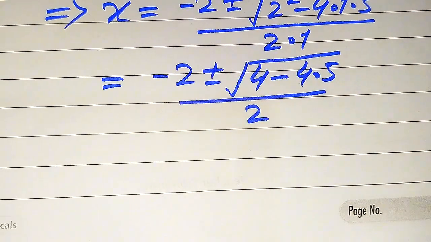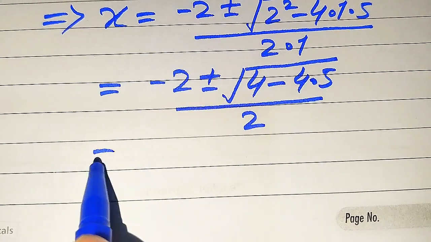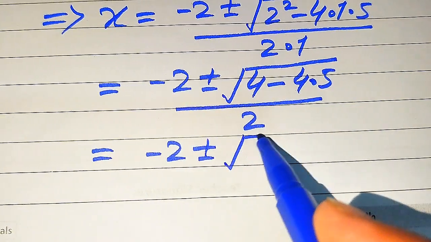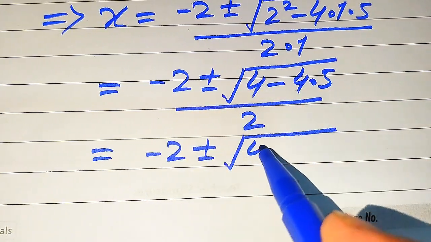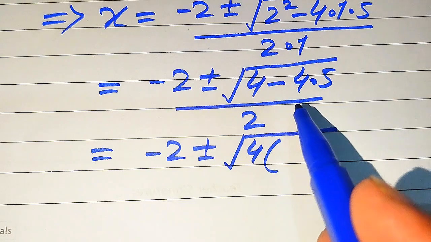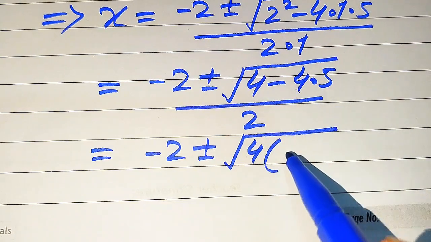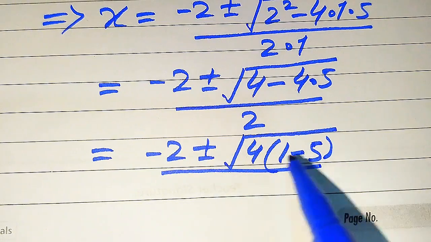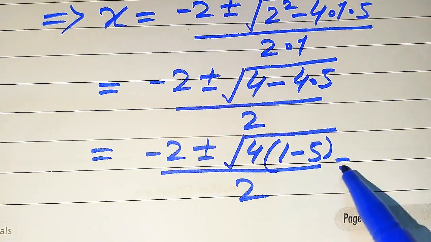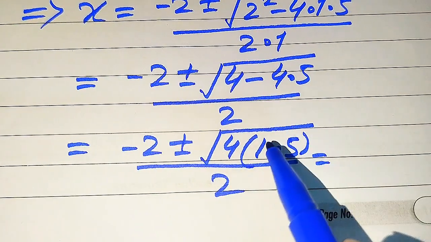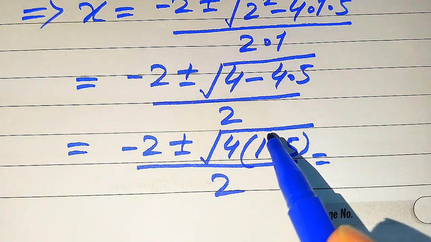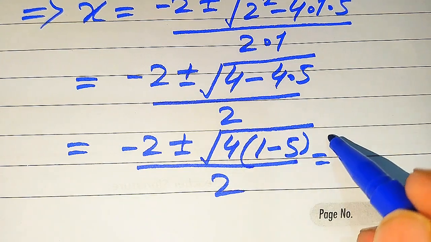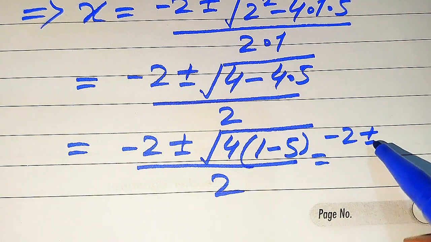And now in the next step we have minus 2 plus minus square root of, here we take common 4 from inside the square root sign, and when you take common 4 we get the remaining values 1 minus 5, and it is divided by 2. So here we need a little bit of simplification inside the square root sign, and here we can first apply the square root sign on both of these terms, and it becomes minus 2 plus minus.